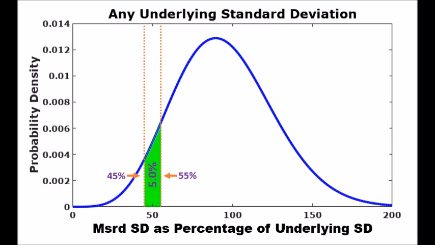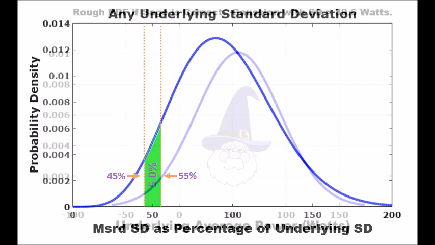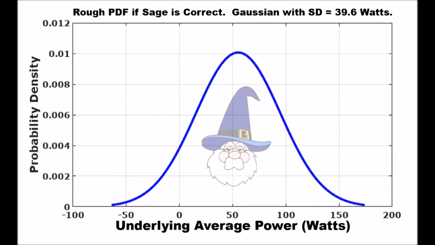Let's break it down a bit more by looking again at the Sage PDF. This PDF shows us that we have a 10% chance that our underlying average is between 50 and 60 watts. But because this isn't always the applicable PDF, we can't just say that we have a 10% chance that our underlying average power is in this range at the end of the day.